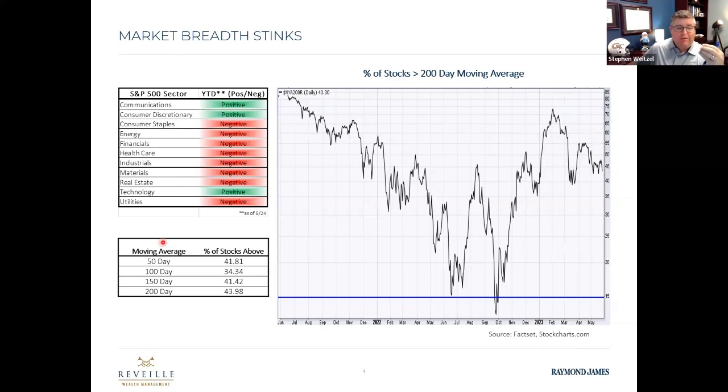But even when we look at shorter term moving averages, 50-day, 100-day, 150, we don't see a single one of those moving averages that has more than half of the stocks trading above those levels. So it's kind of indicative of the fact that we see weakness broadly across the market on both the short end and even the intermediate to longer term views.